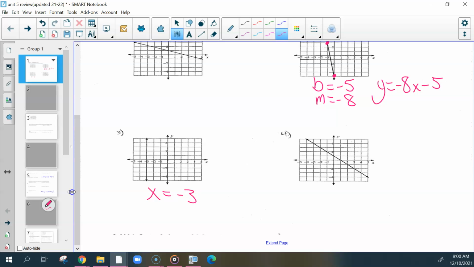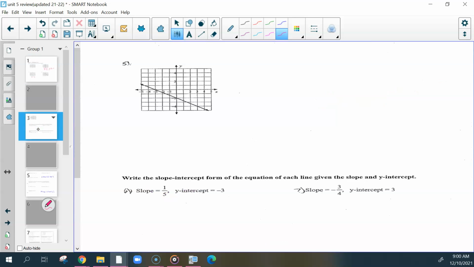Do we need to do one more of these? Flip to the next page. We skip to 6.